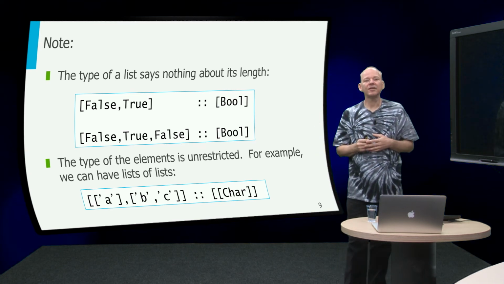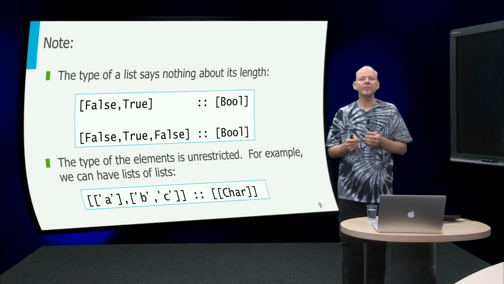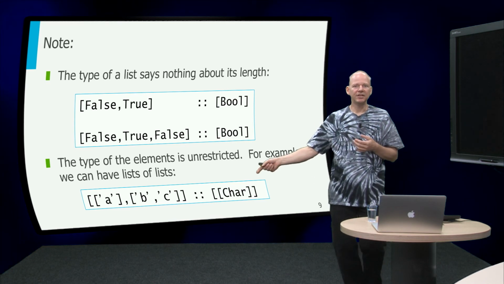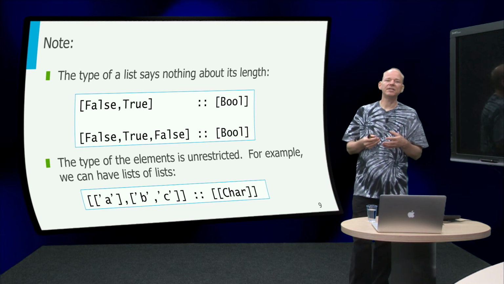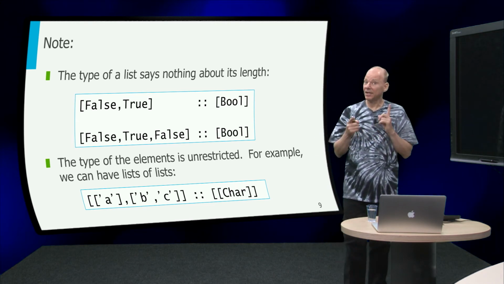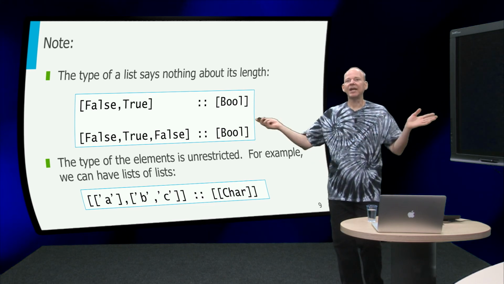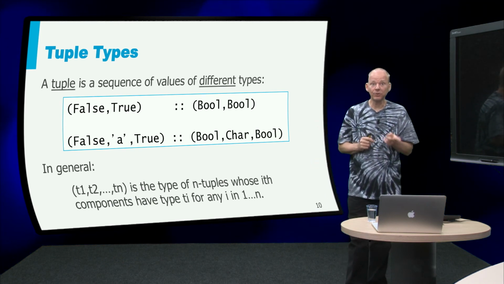So the last example down here has a slightly more complicated type. It's a list of lists of characters. That's what you see here. And if you look at the value, you see that it contains two lists of characters. But the thing with a list is that all the elements must have the same type, but the length is unrestricted.